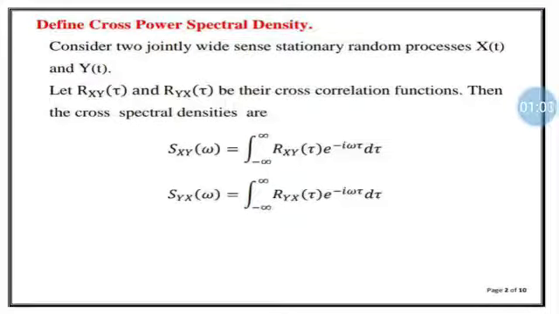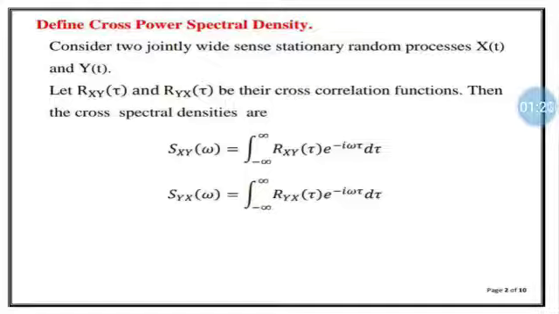Now, the definition of cross power spectral density. Consider two jointly wide-sense stationary random processes x of t and y of t. Let Rxy of tau and Ryx of tau be their cross correlation functions.